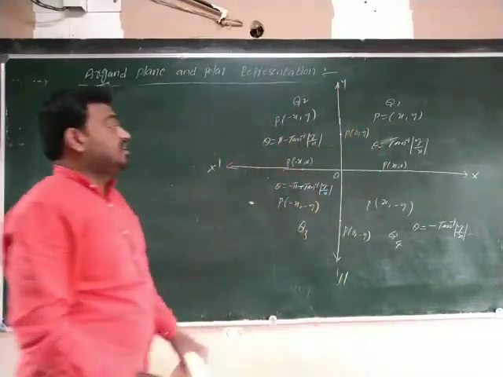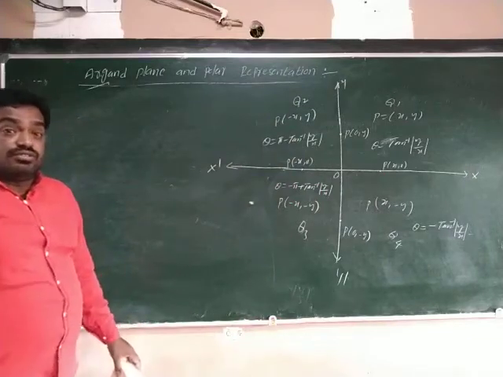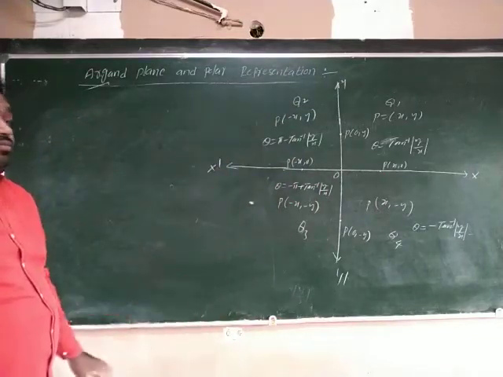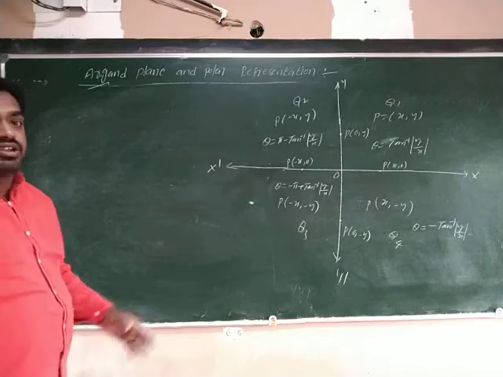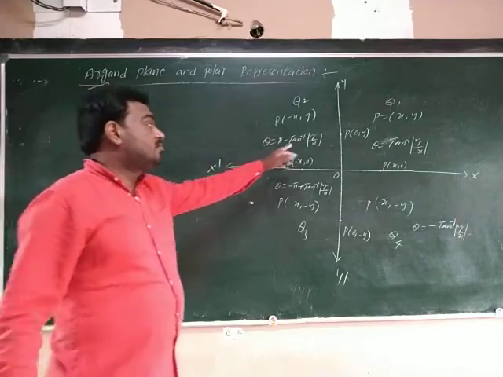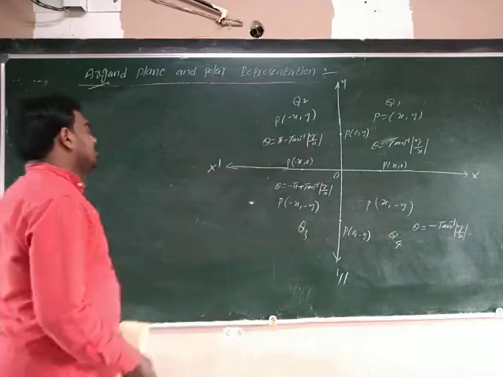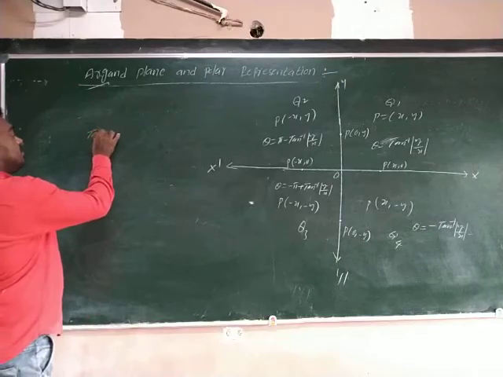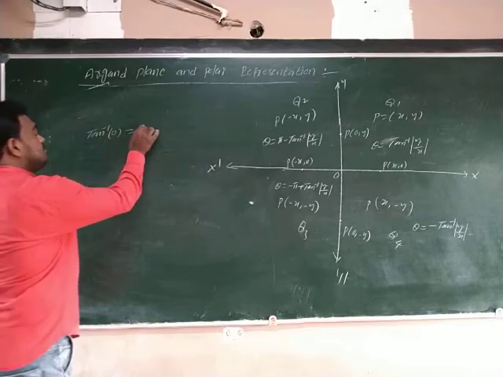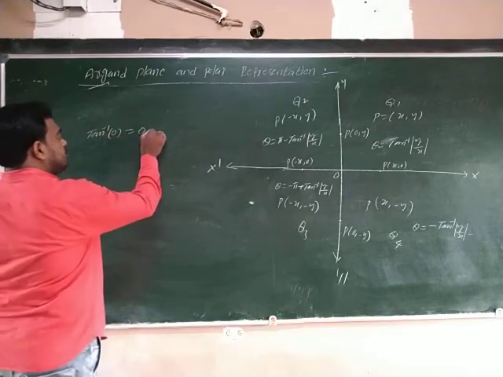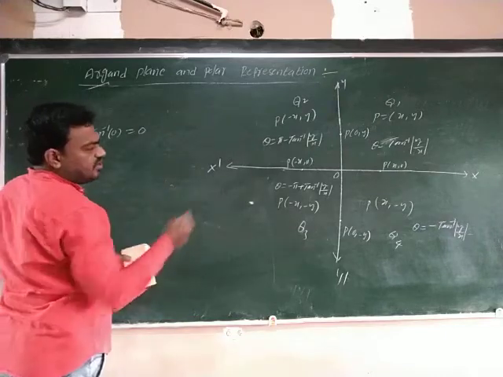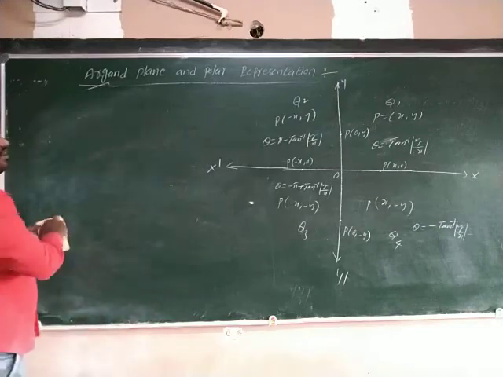Now take your screenshot and practice this. This tan inverse is always the positive one, and you have to remember this. Tan inverse of 0 is equal to 0.